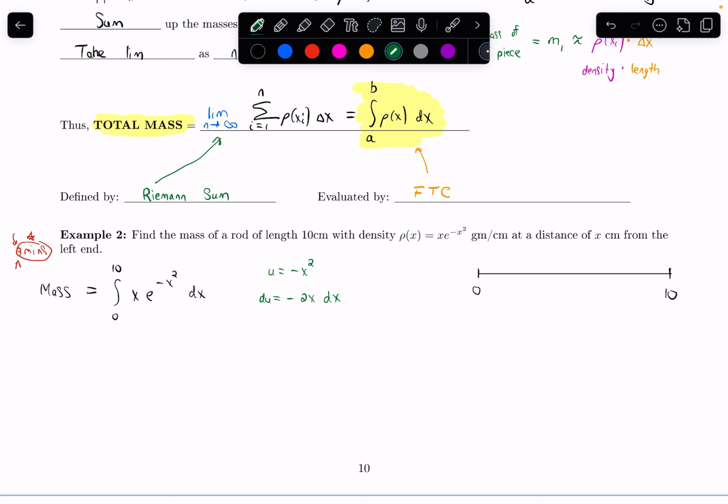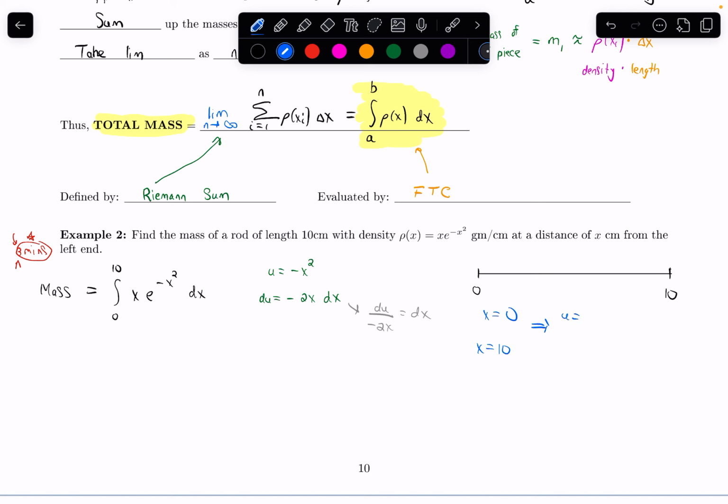Okay, so let's isolate dx. I get du over negative 2x equals dx. And one of the ways I can do a u sub when I have limits of integration is, right now those limits are in terms of x, so let's switch them so they become in terms of u. I have the x value 0 and the x value 10, and I plug each of them into our u sub.